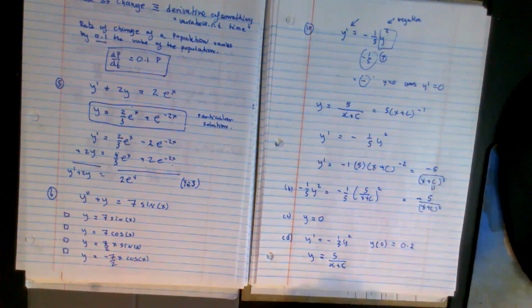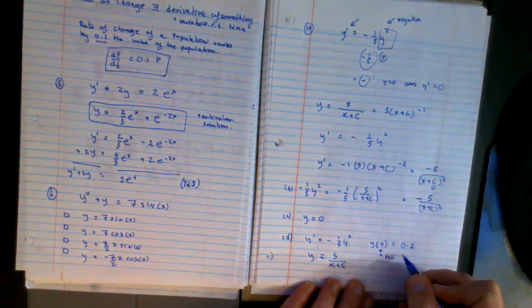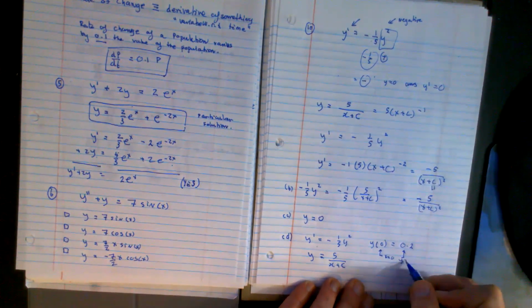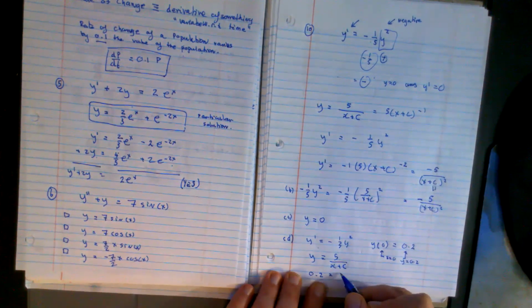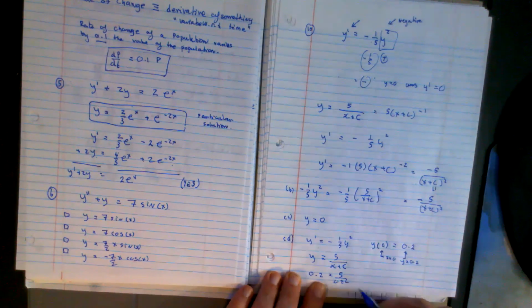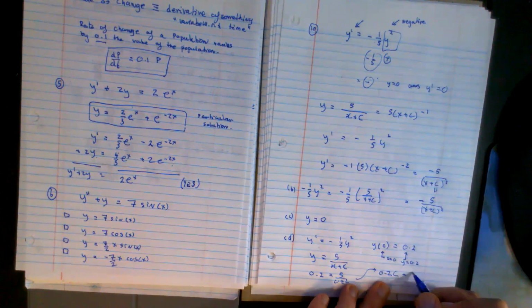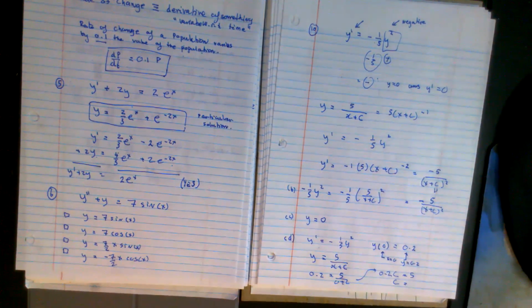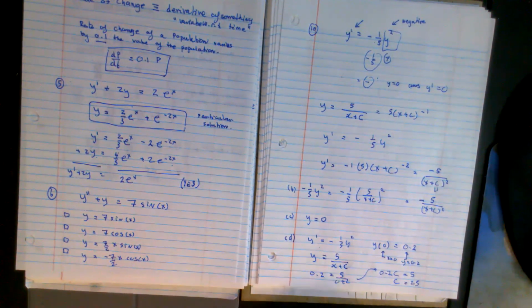That tells me that x equals 0 and y would be 0.2. So I'm going to go 0.2 is 5 times 0 plus c. So 0.2c is 5. That makes c, I should say, 25. Plug 25 in there, and you're finished.